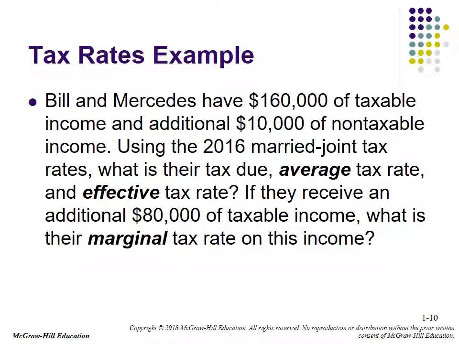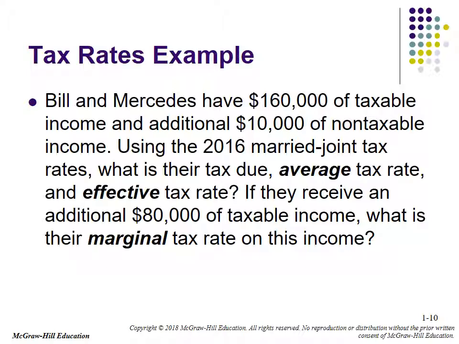Here's an example though. Bill and Mercedes have $160,000 of taxable income. Taxable income is the amount of their income that they have to determine tax on. That's their tax base. And an additional $10,000 of income that is not taxable.